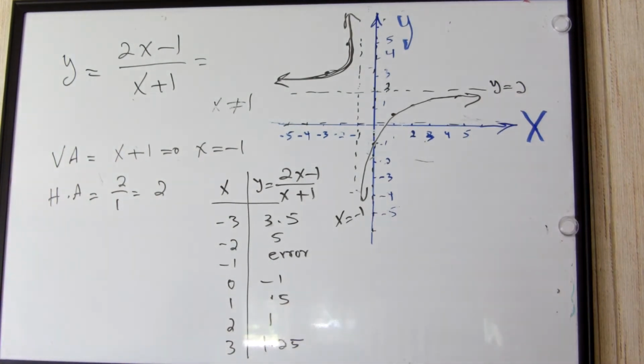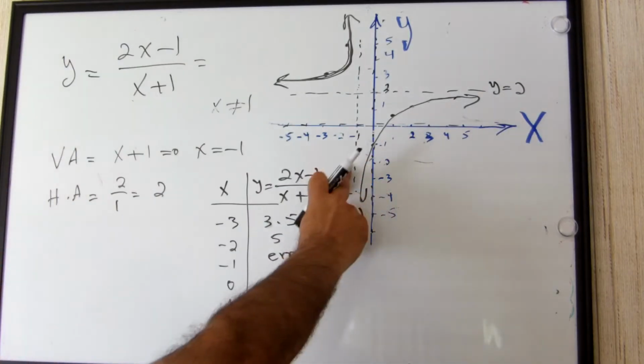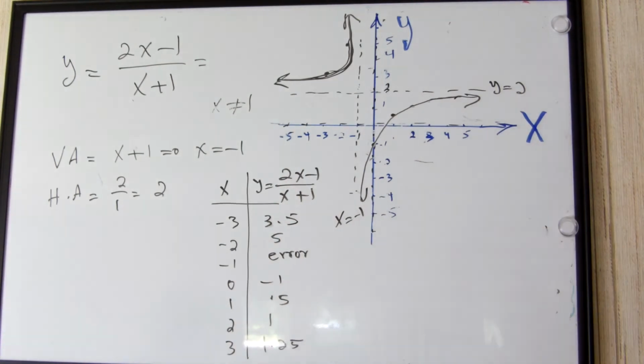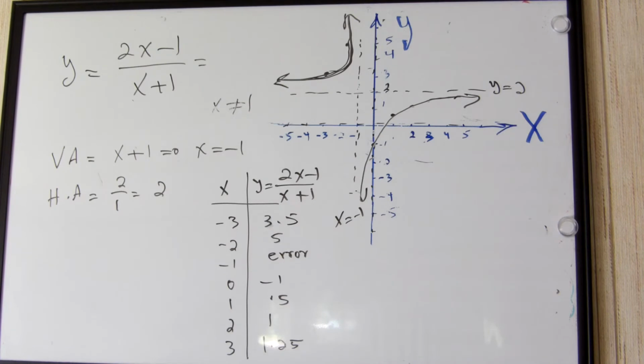So there are two: we have a vertical asymptote here, and we have a horizontal asymptote there. But sometimes we don't have that.